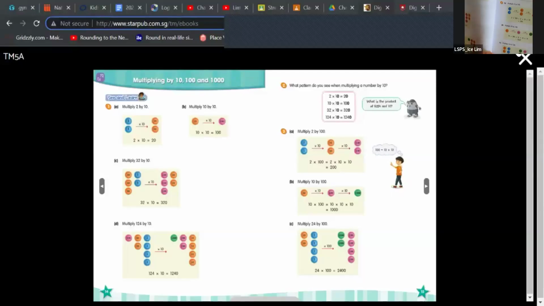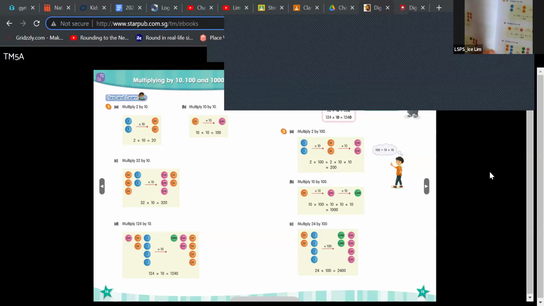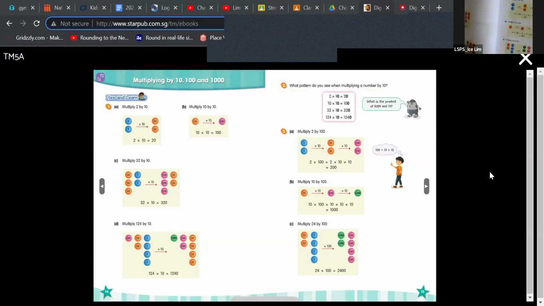Page number 14 and 15 of your textbook. The textbook is on the table already. Page 14. You're taking a while to respond.